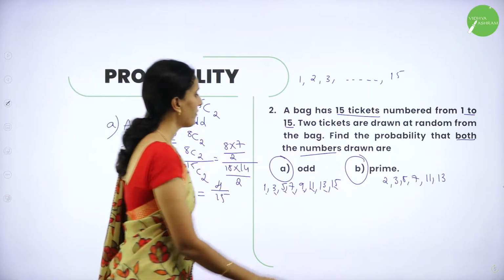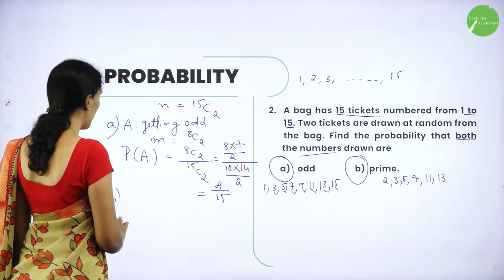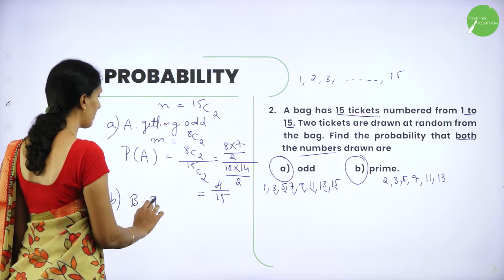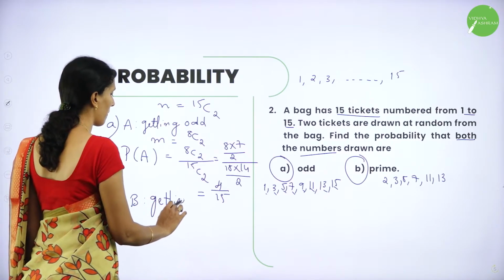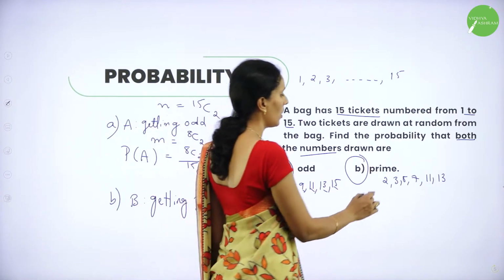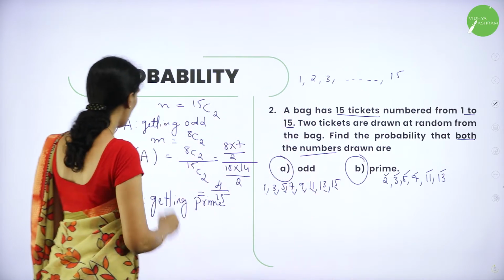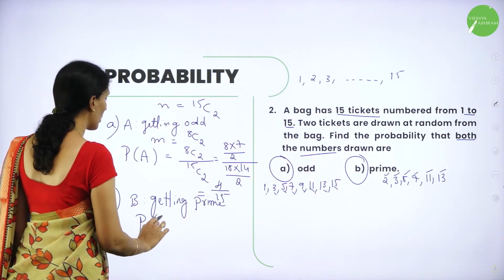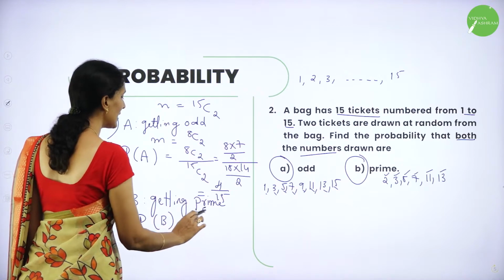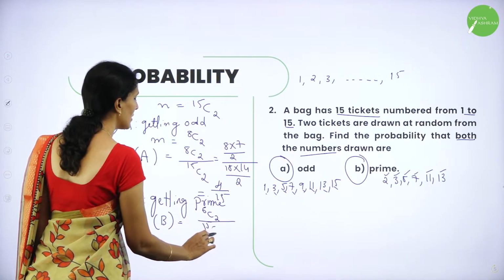Similarly, we can find for prime. Okay, so if I take B as getting prime, what happens here? We have 1, 2, 3, 4, 5, 6 primes. So therefore, my selection or the probability will be 6C2 divided by 15C2.